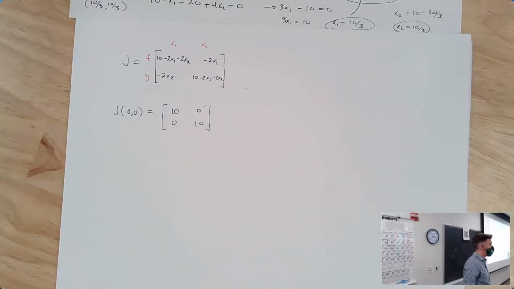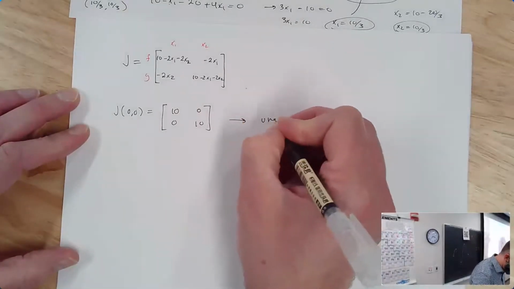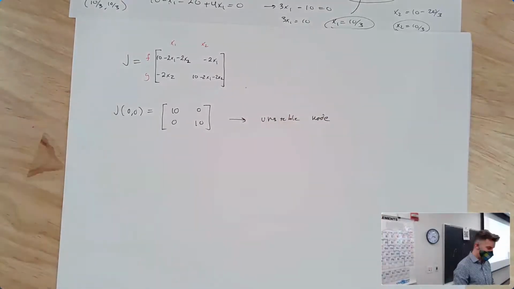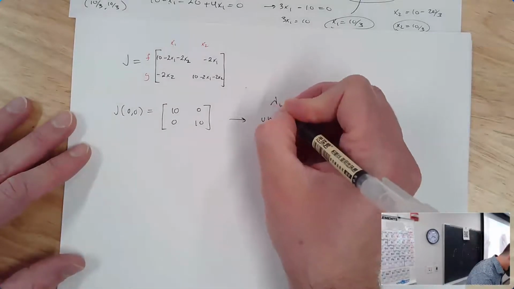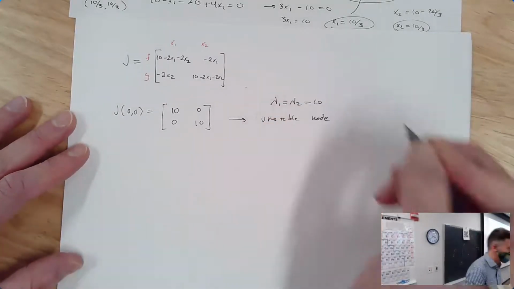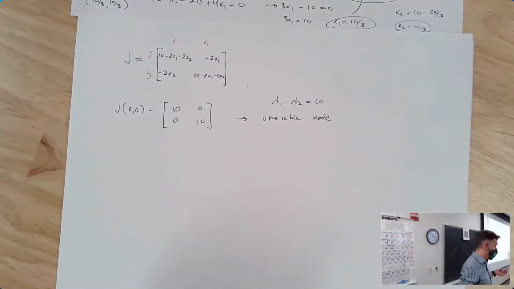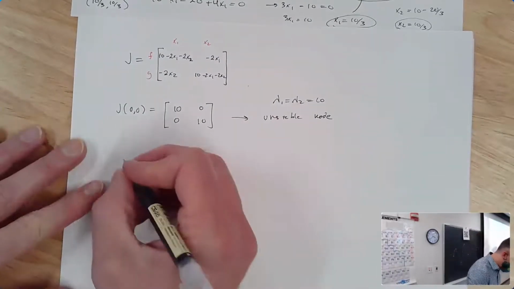It's an unstable node because our eigenvalues are both positive 10. So unstable node. If I was taking a test, I would probably write down lambda 1 equals lambda 2 equals 10 or something like that, and then write unstable node. But they wouldn't really want much more than that unless they really wanted me to do more.